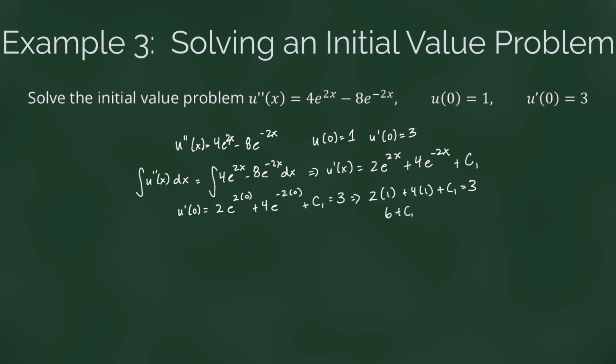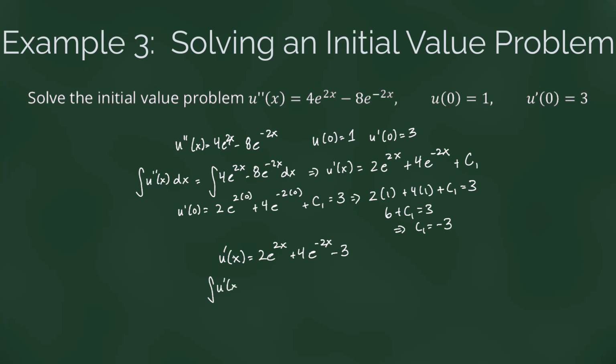So that's 6 plus c1 is 3, yielding c1 is equal to negative 3. So now we have a more specific formula for u prime of x. u prime of x is now going to be 2e to the 2x plus 4e to the negative 2x minus 3. Our goal, once again, is to find u of x, so we antidifferentiate again.